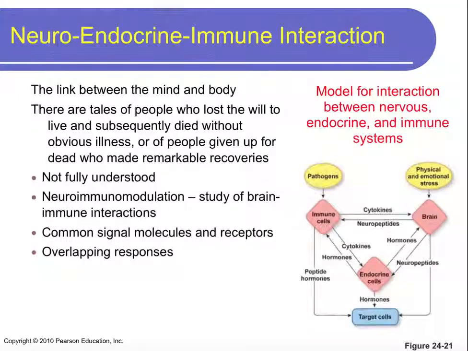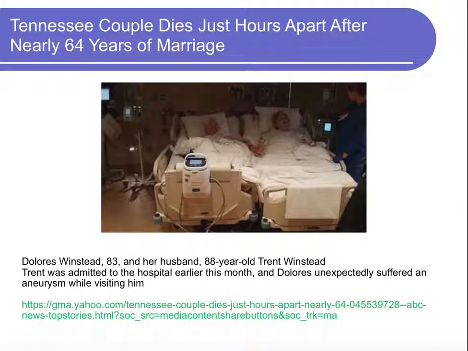So here's one of those stories, and you can find multiple stories like this if you do a search online. But this is a Tennessee couple. They died just hours apart after nearly 64 years of marriage. And you can see this really sweet photo of them in the hospital, just still holding hands.